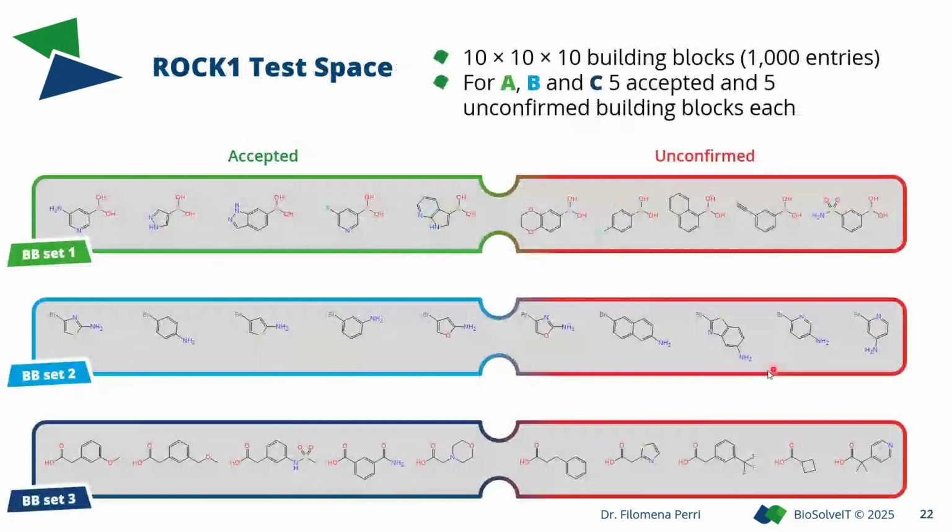And for every region, we looked at building blocks that could either be known binders, so known to bind, or unconfirmed ones, to give a little bit of diversity. And these made up a chemical space of 1,000 entries of 5 confirmed and 5 unconfirmed building blocks each area.